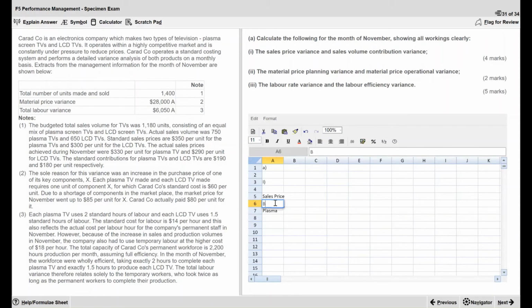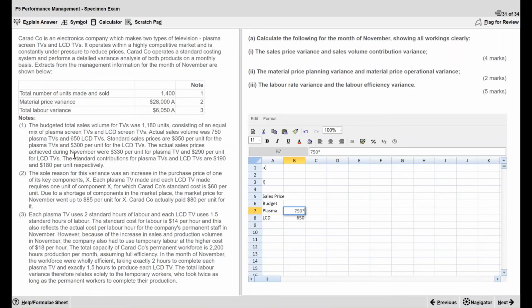What I like to do is I like to write budget on the top. So we have plasma TV and LCD TVs. So we sold 750 of these and 650 of these. According to standard price, they should have been sold at the standard contribution for, okay, we need price.